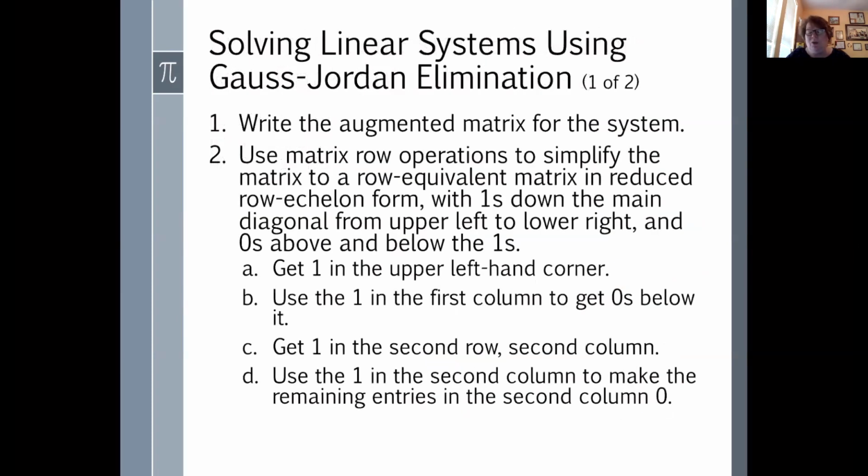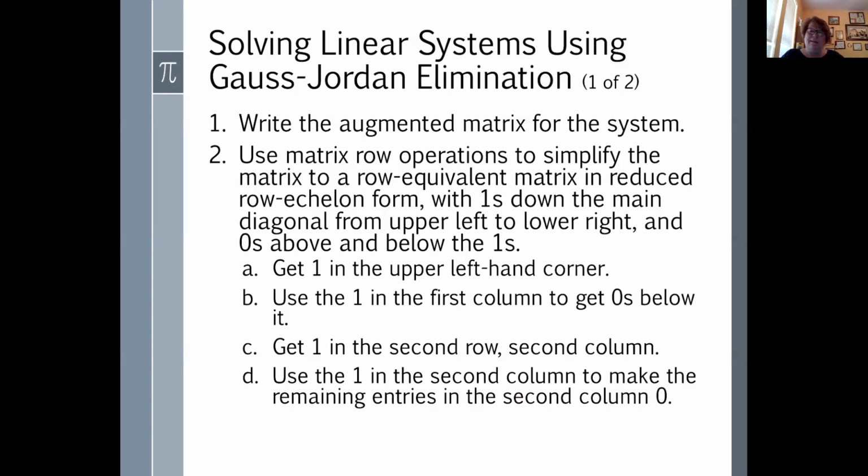Gauss-Jordan elimination, what you do in Gauss-Jordan is you get the main diagonal to be 1s, just like you did in Gaussian elimination, but then you're going to get the elements below and above to be 0.